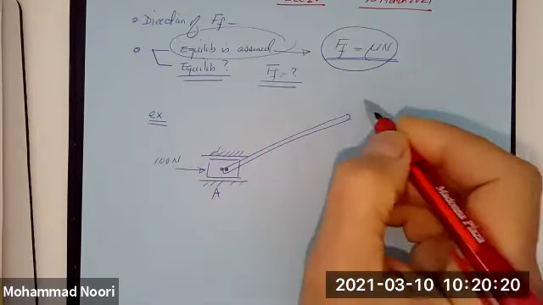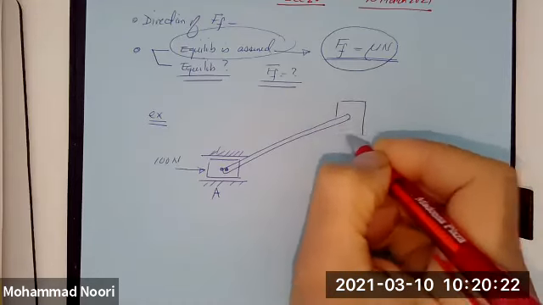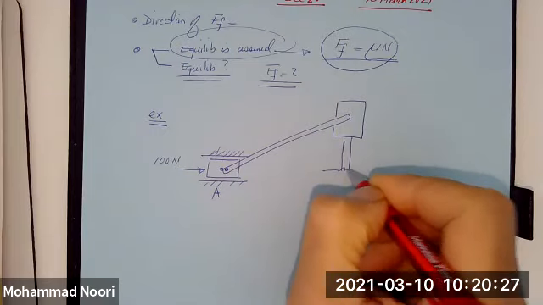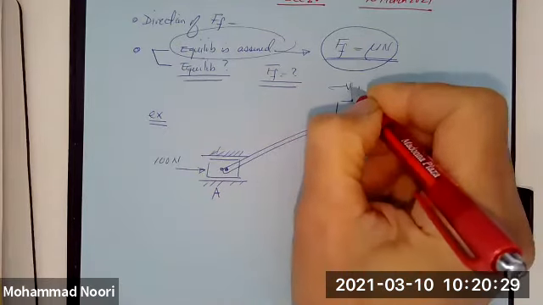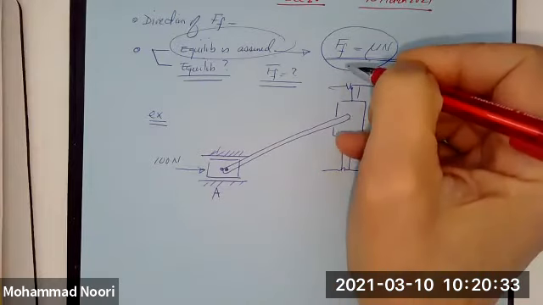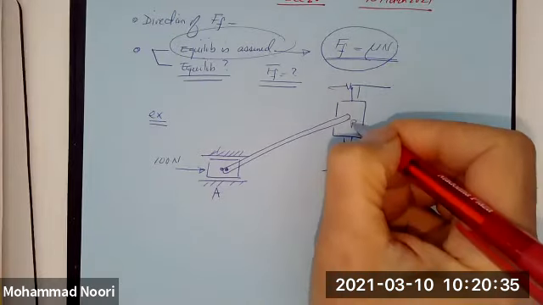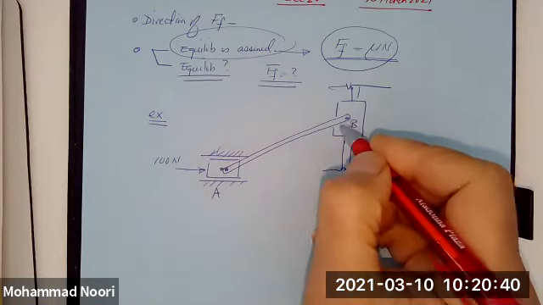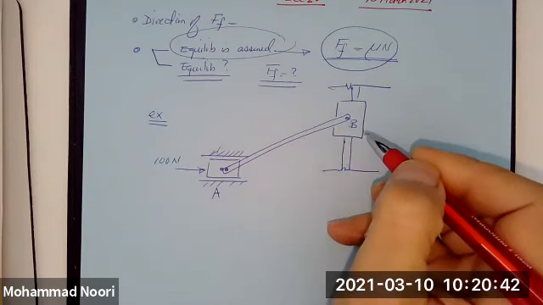This rod is connected to a device that is basically a collar. This collar consists of a piston that moves up and down along this rod, and this linkage is pinned to it at point B.